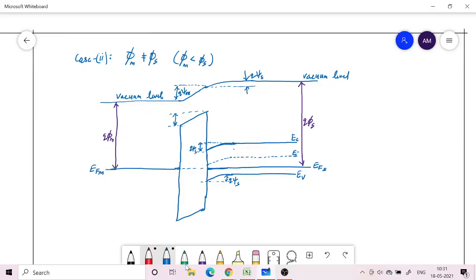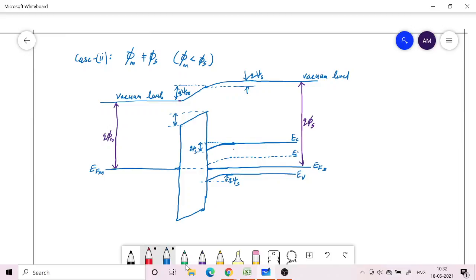Maybe since you have a class, I will stop here. We will continue in the next class, but today what we have done is basically to consider the case of phi m equal to phi s and phi m not equal to phi s. We have taken specially phi m less than phi s, but what would happen if phi m is greater than phi s? That is something you should be able to draw, so I give that as homework.